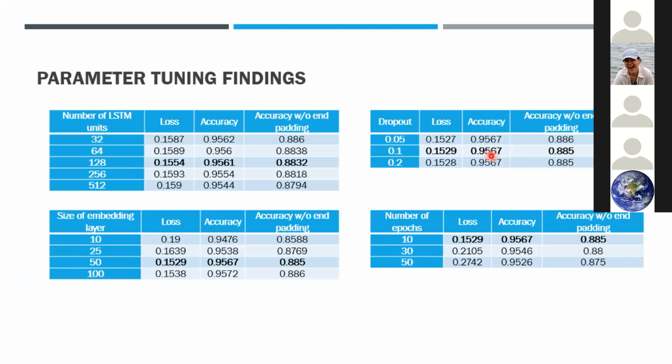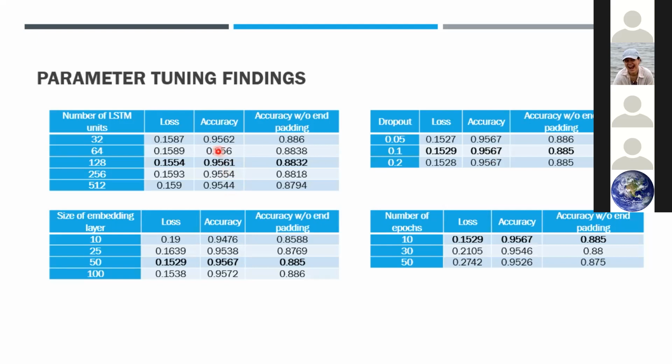So our parameter tuning findings are shown on this slide. The first parameter to always worry about is the number of LSTM units. Close to 100 units achieved accuracy about as high as it gets, but as we increase the number of units, the accuracy does not improve. So there is no point in complicating our model beyond 128 units.